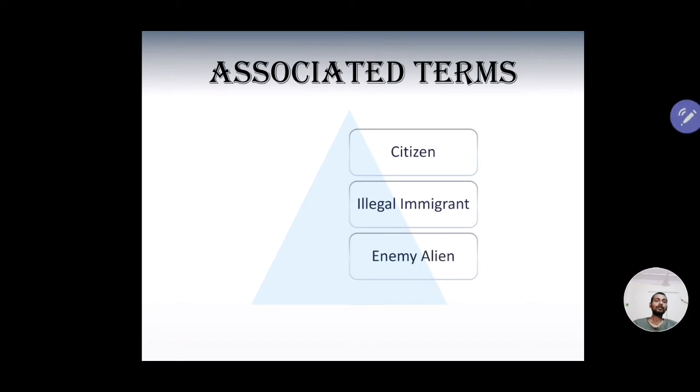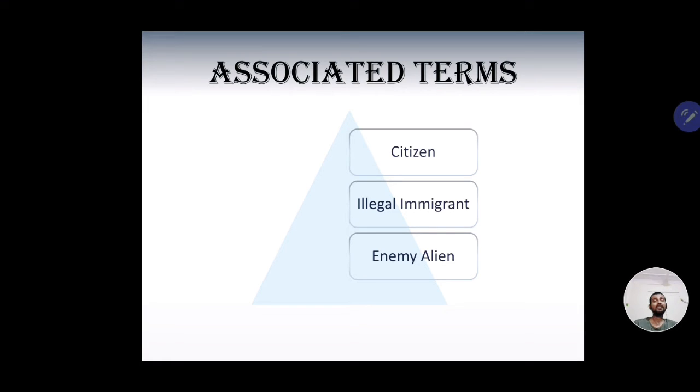And the last term is enemy alien. You must have heard the term in the news because of the recent debates regarding the properties of enemy aliens, and the government also passed a law regarding it. So anyway, an enemy alien is someone who is a subject of the country we are at war with.